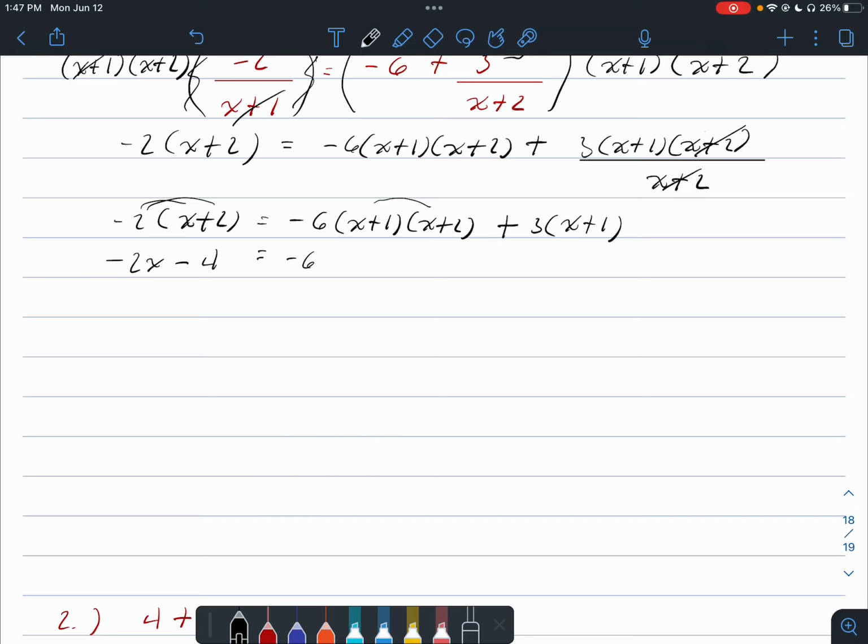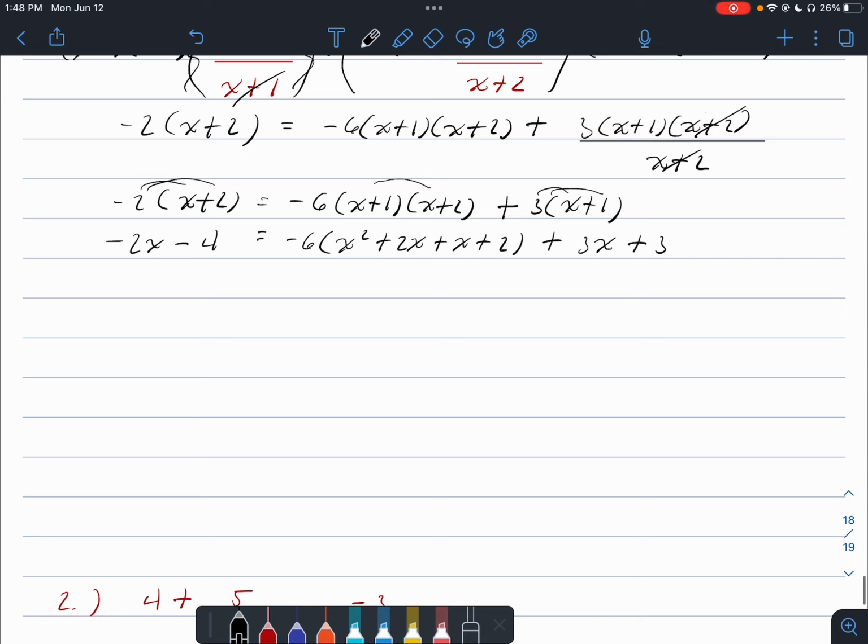We'll have -6 times, x times x is x squared, then x times 2, so plus 2x, then 1 times x, so plus x, and then 1 times 2, which is just 2. That's all in parentheses. Then we can distribute this 3 to the x and to the 1, so we'll have plus 3x plus 3.